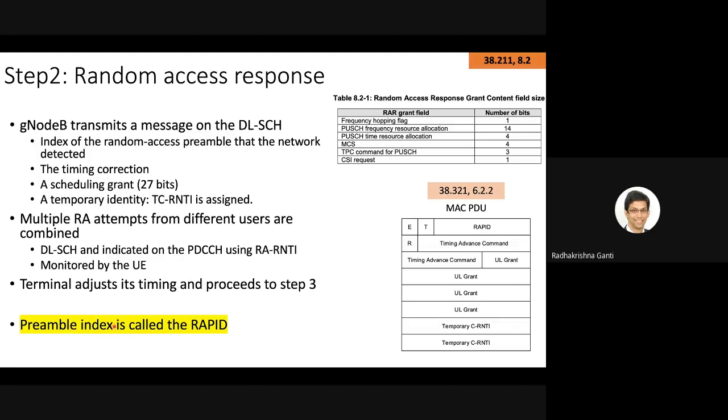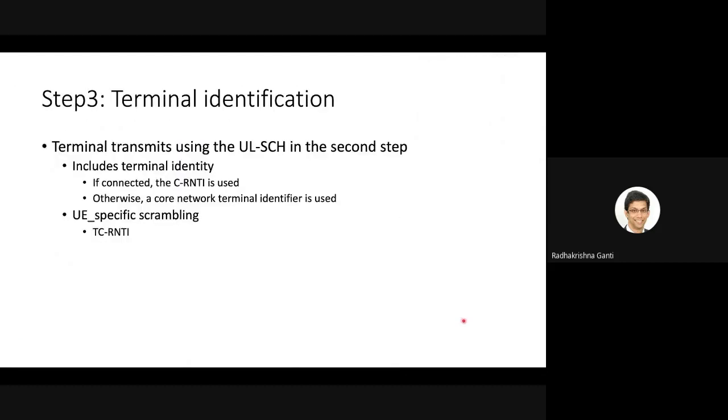Based on that, each UE will be able to identify, oh, this is for me. In the downlink, each of them will be able to decode their own MAC PDU, and from that MAC PDU they will be able to identify the temporary RNTI. Then this is the third step. It has a temporary C-RNTI.